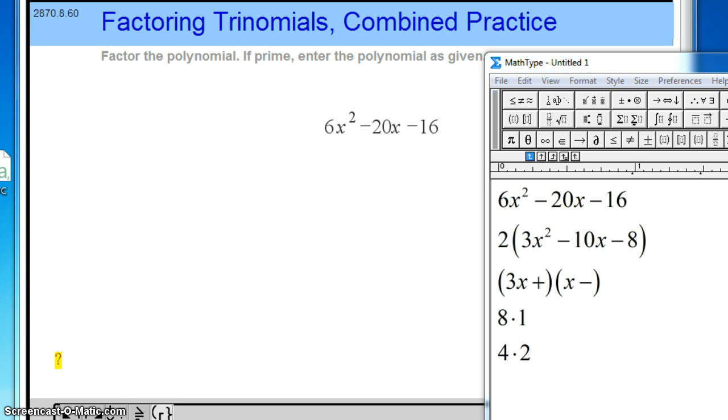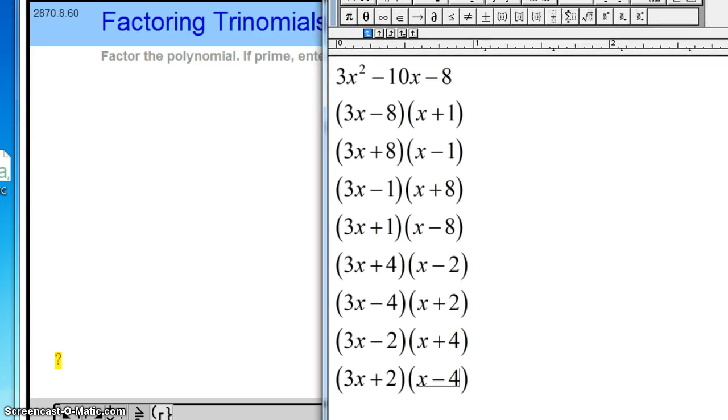So what I've gone ahead and done is listed every single possible combination here. And you can see there's not that many. I think there's 8 here, right? You can do -8, +1, +8, -1, and then reversing that, -1 and +8, 1 and -8, and then keep going. And this isn't that hard to come up with.